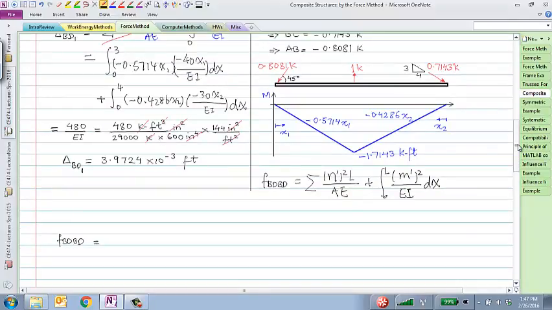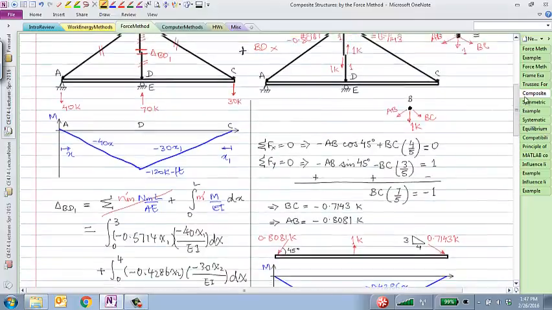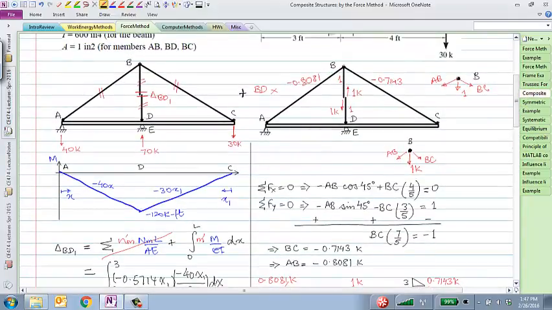Okay, so now let's put in those numbers. First, there are three members of the truss structure, so we add them one by one. So these three members are AB, BD, and BC.